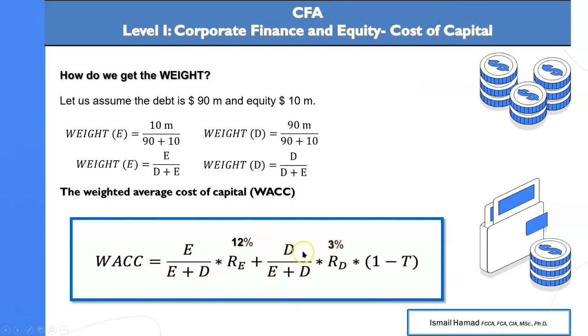Why don't we go 100% debt, or only $1 nominal value for equity, and the rest of the millions we get in debt, because 3% is very cheap? Why should I get more equity, which is very expensive? This question we will answer when we come to the capital structure. Things are not that simple.